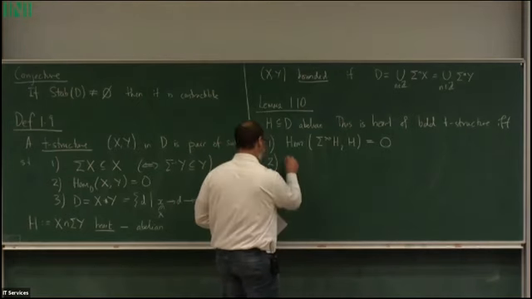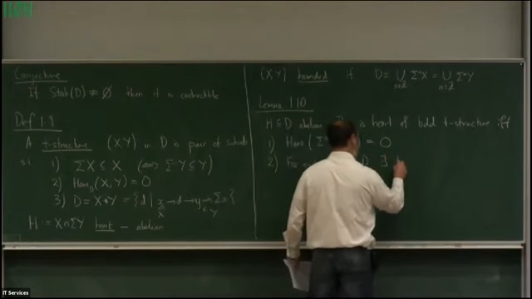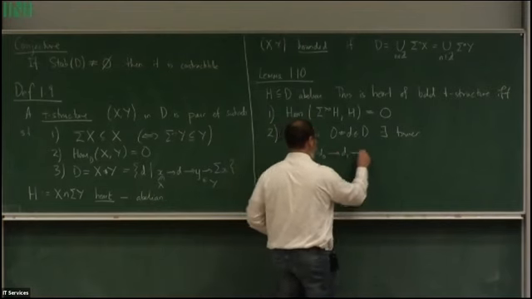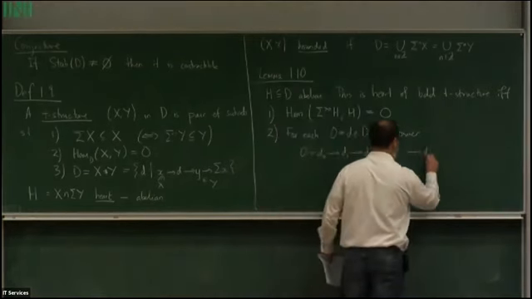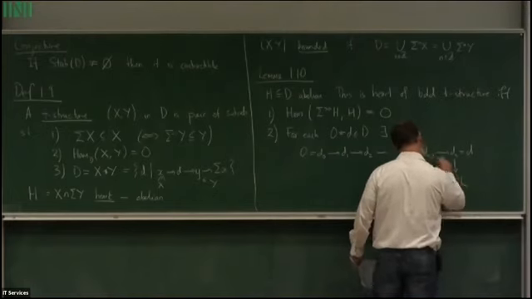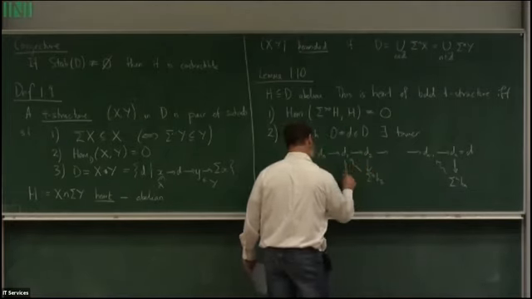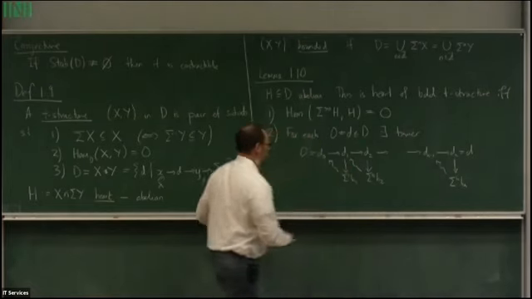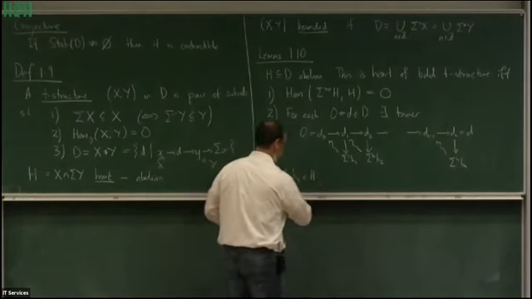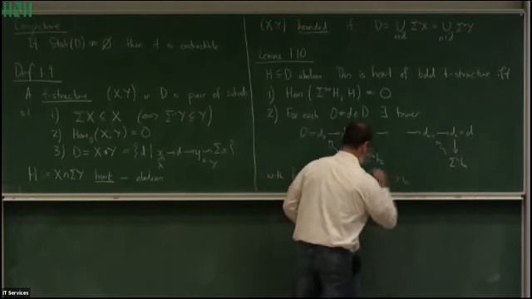And the second is, for each non-zero object D in D, there exists a filtration with each object H_i in H and i_1 bigger than i_2 and so on.